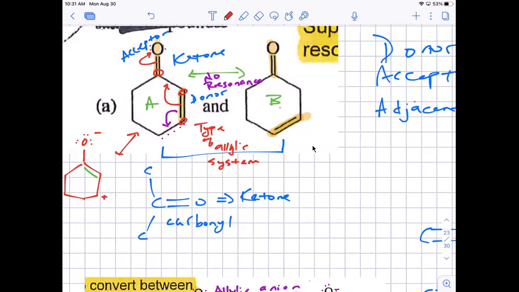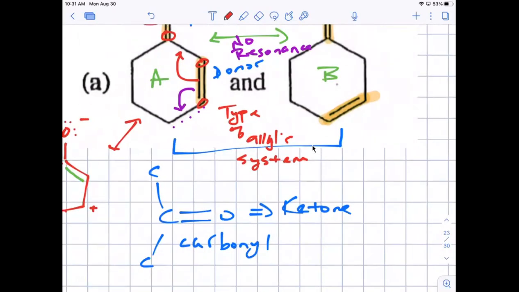I can't push electrons to this carbon right here, which is what it's asking us to do by drawing this other form. This carbon has no way of accepting that pair of electrons. I can only push electrons from a donor to an acceptor.